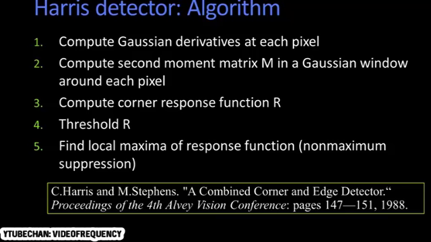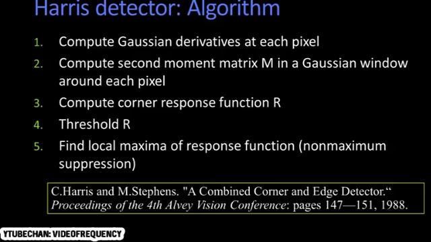Then you compute that second order moment matrix M, and the recommendation is to use a Gaussian window so that you weight the points near the middle more than the points further away. And then you compute that R function on that M matrix. Remember, you have a different M matrix for every point in the image, because you take a little window around a point, compute the moment, compute R, move on.